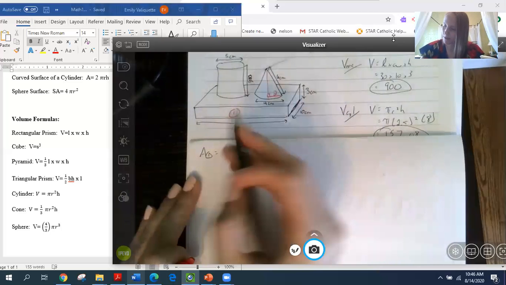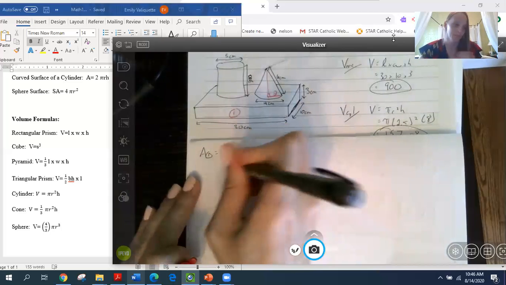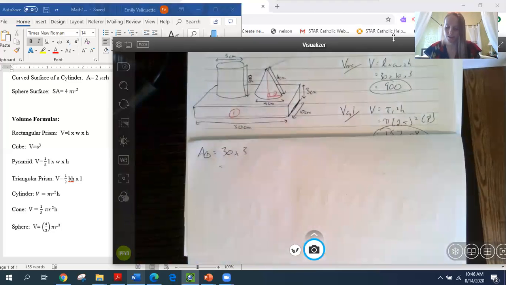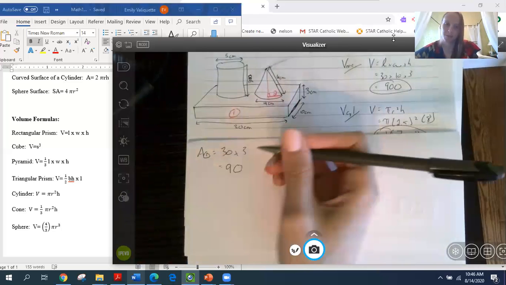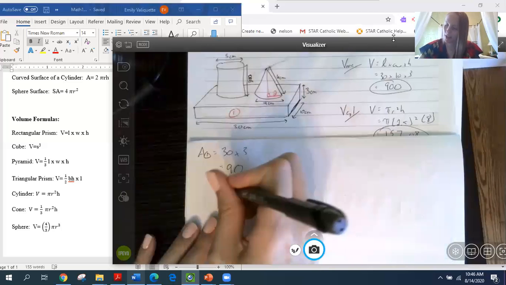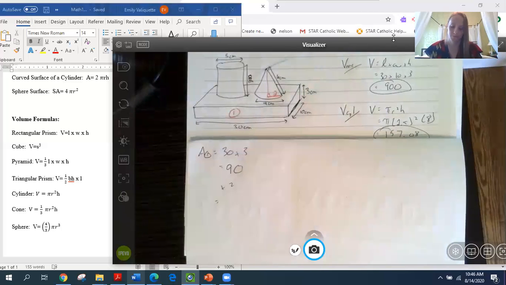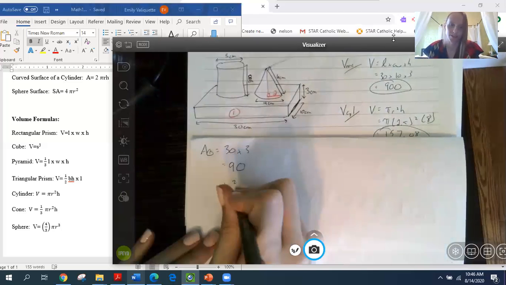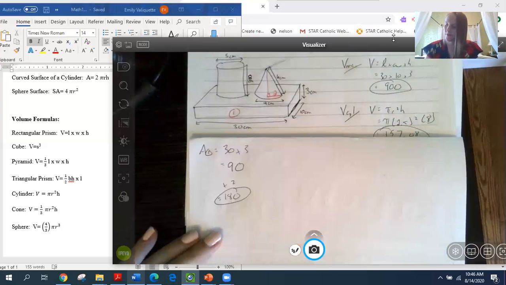So 30 by 3, length times width is 90, I think. Yes. And then because the back of this rectangular prism is the same, I will multiply by 2, which gives me 180. I'll circle it so I know I need to add it later on.